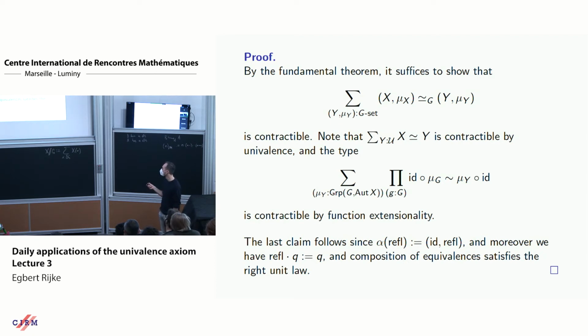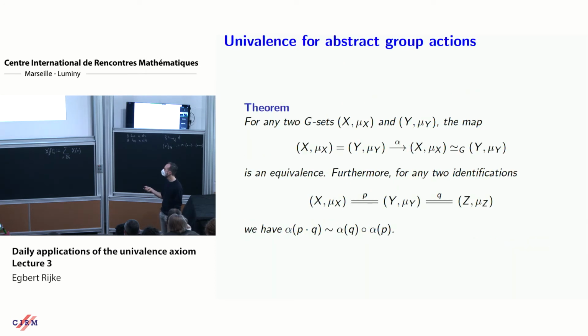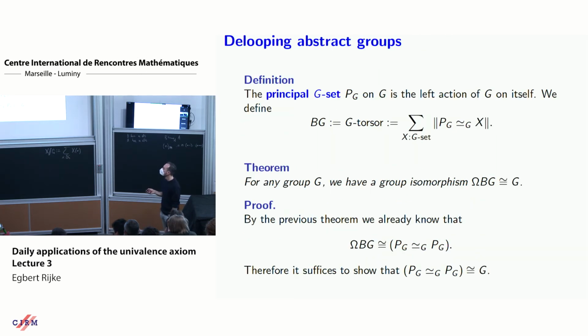Morally, it's refl. If you concatenate from the left with refl, then that's identity, and composition satisfies the unit laws. So put all these things together, and you get the last claim that alpha respects this concatenation. So that's just that. Okay.